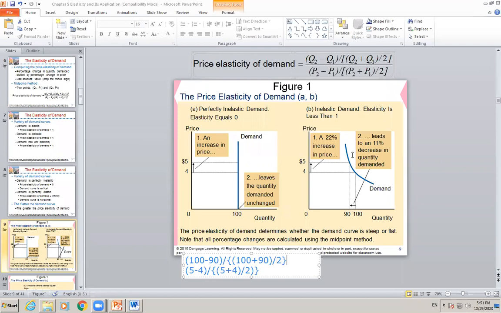So in here, we're going to have the percentage change in the quantity, which is equal to: 100 minus 90 gives you 10, 190 divided by 2 should give you 95. So 10 divided by 95 is almost 0.105263.